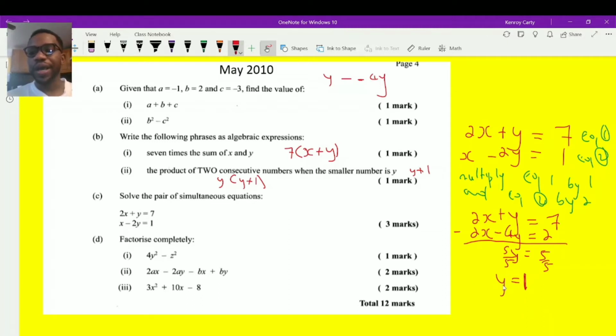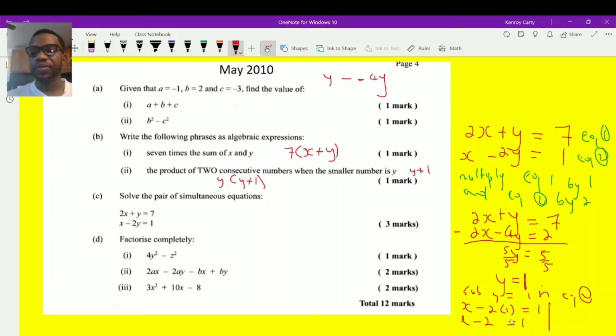Now once you have the value for y, you use any equation of your choice to find the value for x. So I could use equation 2. So I could say sub y equal 1 in equation 2. So what I'm going to have is that x minus y is 1, so x minus 1 times 1 is equal to 1. Alright, now 2 times 1 is 2, so x minus 2 equal to 1.